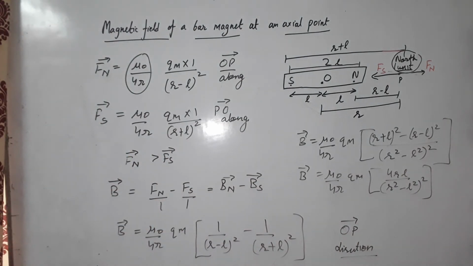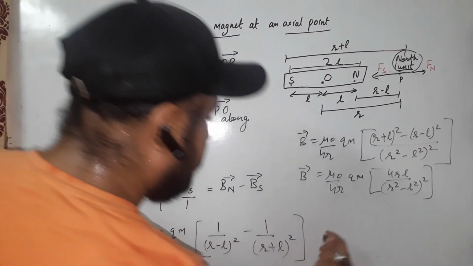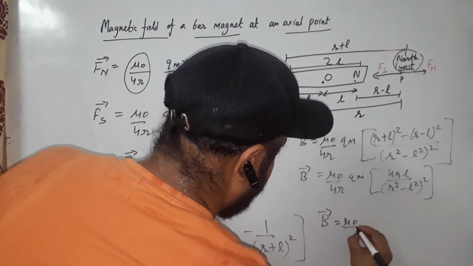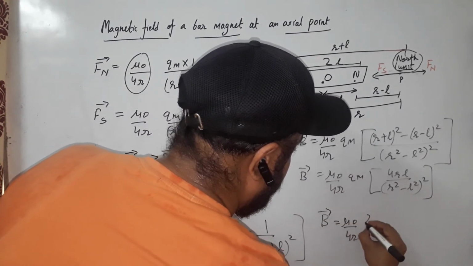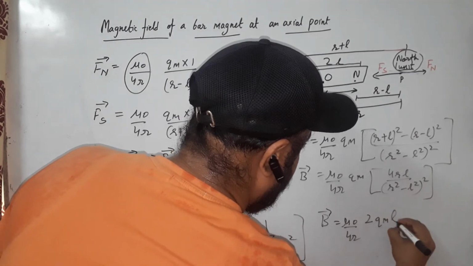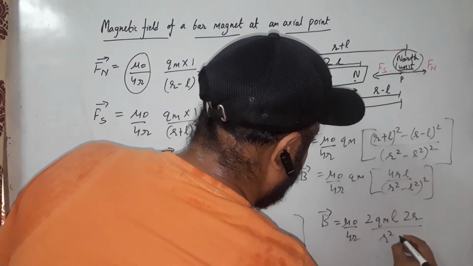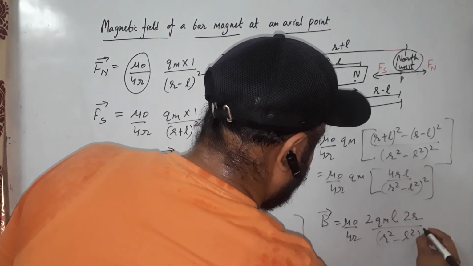Now basically what is 4rL? We can divide it into two fragments so that we can make a magnetic moment over here. So B vector will be equal to mu naught by 4 pi, 2Qm into 2L into 2r upon r square minus L square the whole square.